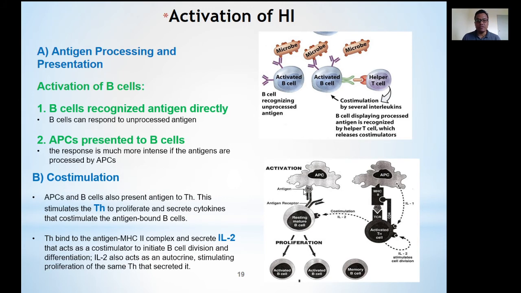Here we can observe APC showing the antigen to the B cells, which become activated and proliferate. Also APCs show the antigen to the T helper, and the T helper will produce interleukins to stimulate the B cells to proliferate and produce antibodies.